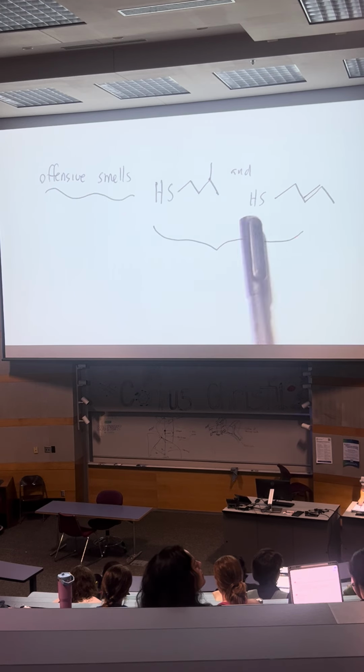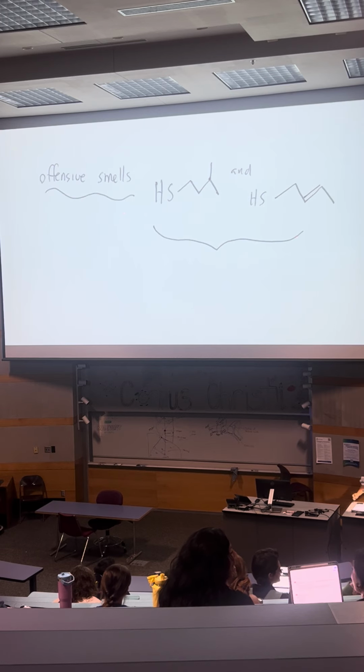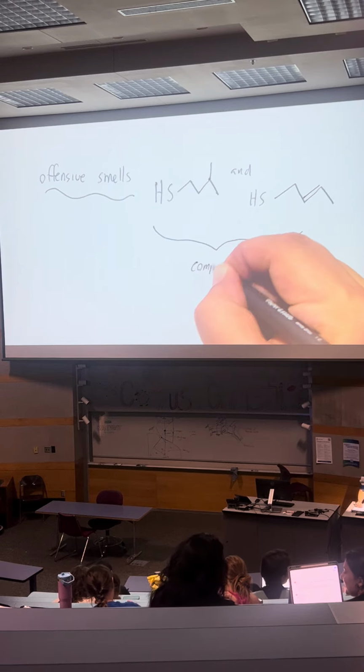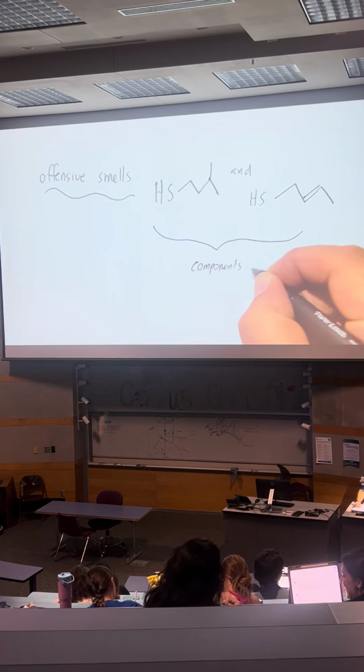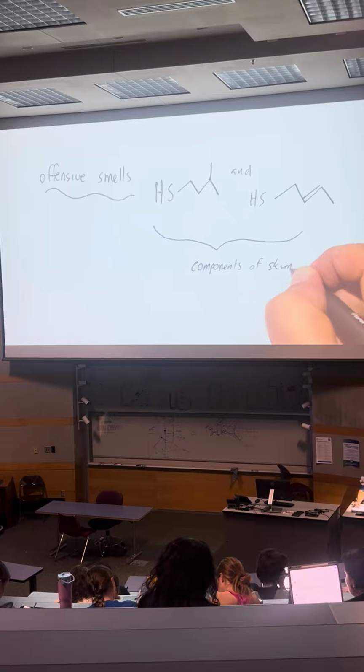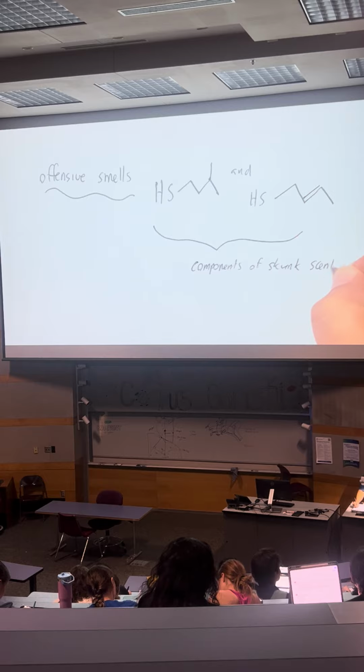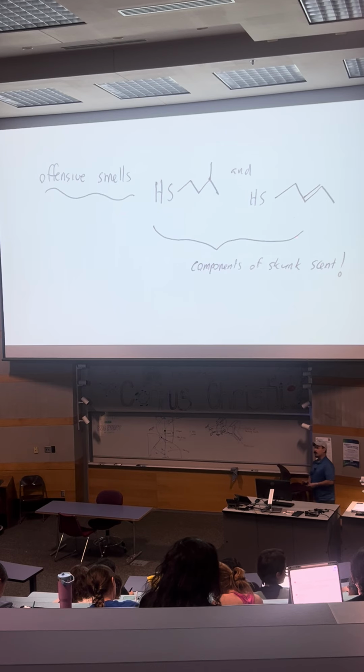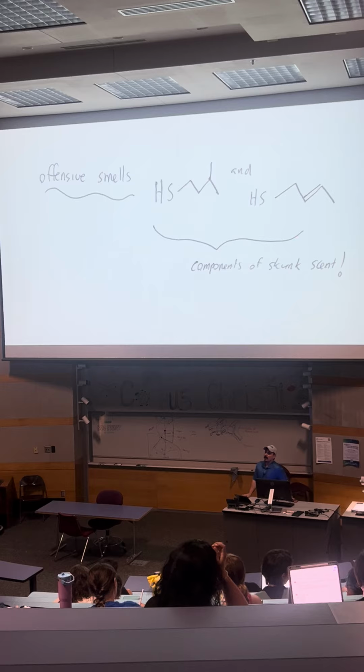And what they spray you with are these compounds right here. These are the components of skunk scent. Now, there's a huge problem with getting sprayed with this because it's notoriously difficult to get off of you, especially if it gets in your hair.